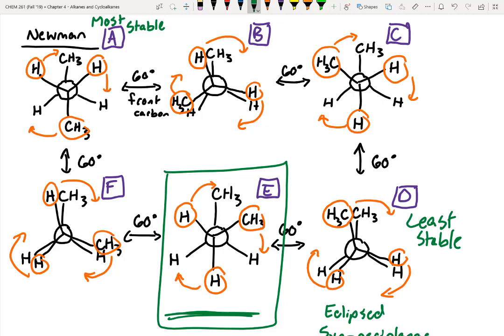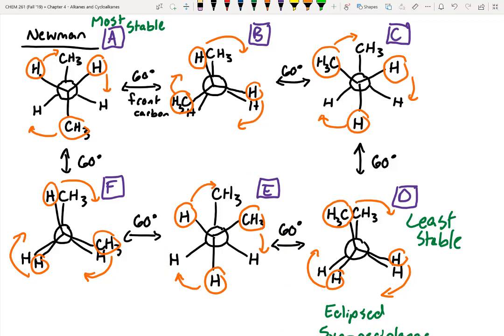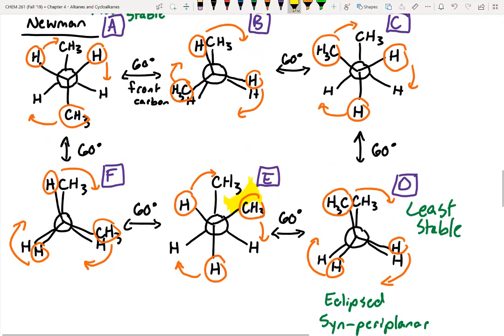All right, so there's a new term we've got to present with E. You see how in E, these methyl groups are kind of bumping up to each other in space like that? This has a weird name. Some people might already know it. It's called gauche.